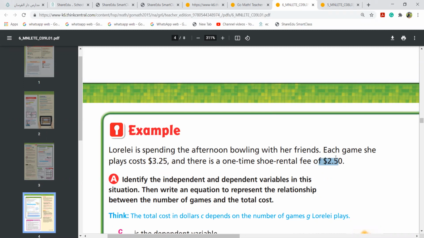So the game here, how many games did she play? Do you know how many games she played? No. So how many games she played is independent. Each game she plays costs 3.25, but you don't know how many games. So that is independent. And what is dependent? The cost.